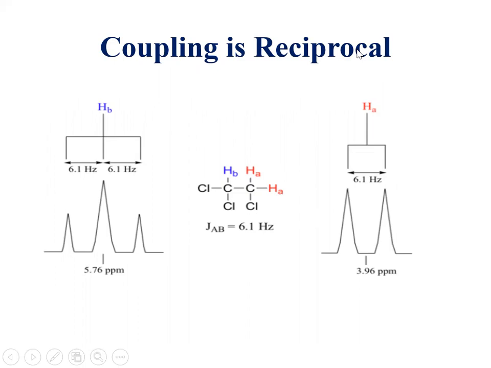Here, coupling is reciprocal. What do we mean by reciprocal? Here is an example, 1,1,2-trichloroethane. Here, two types of protons are there. These are A type protons and this is B type protons. These are equivalent protons and this is different from that type of protons.